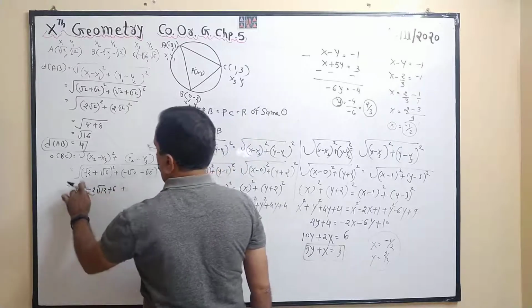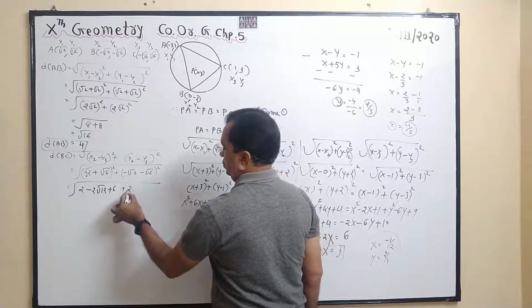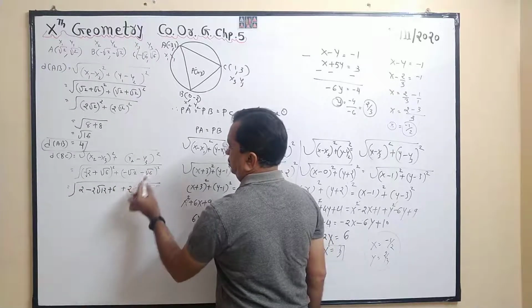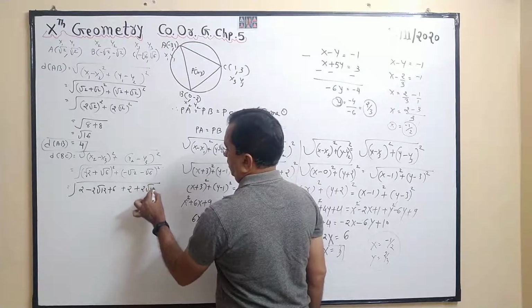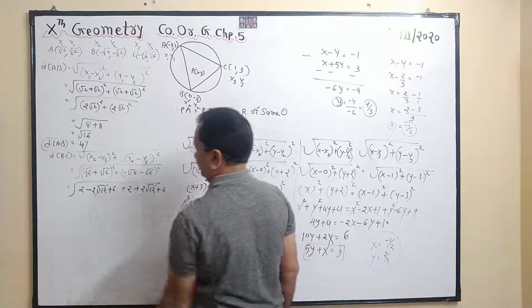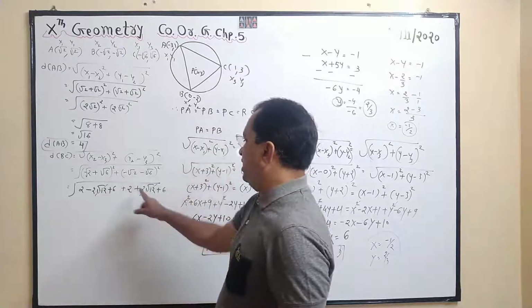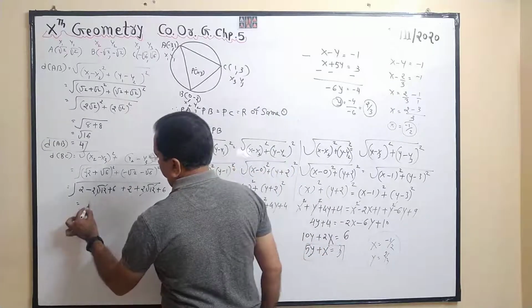Already done plus, so no need to do the bracket. Square of this 2, this into this into this, plus 2 root 12 plus 6. So this and this will cancel. 6 6 12 plus 2 14 plus 2 16.